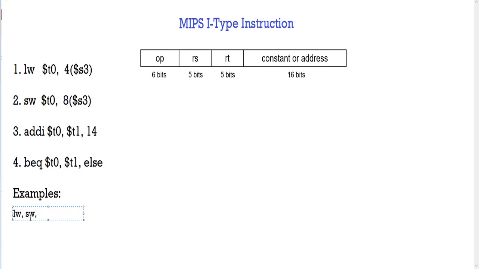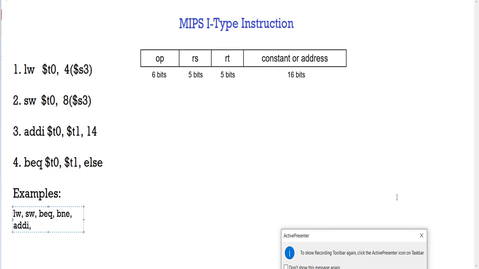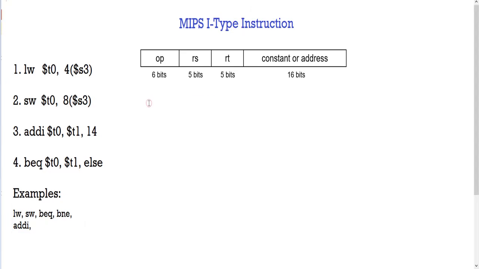We also have branch instructions, BEQ, BNE, and some more like ADDI. There are lots more you can see in the entire register file. There are a lot more I-type instructions, which you'll find in the link included in the description of this video. So let's get started with the load instruction.